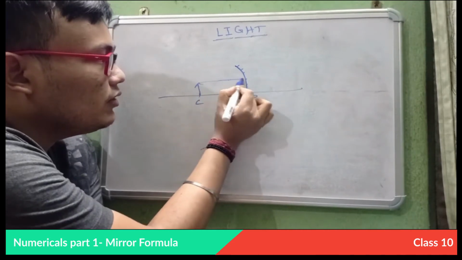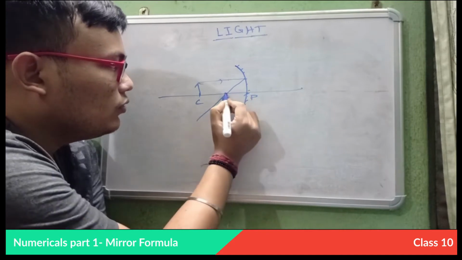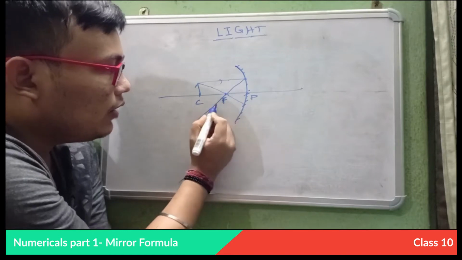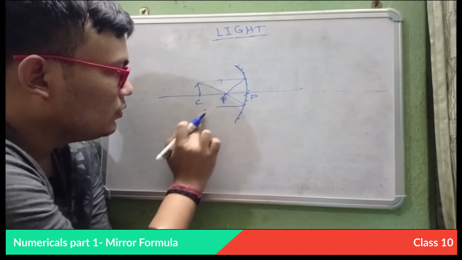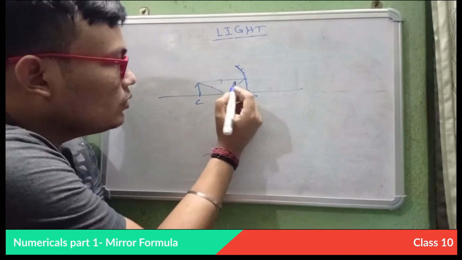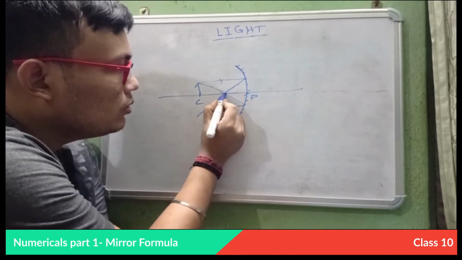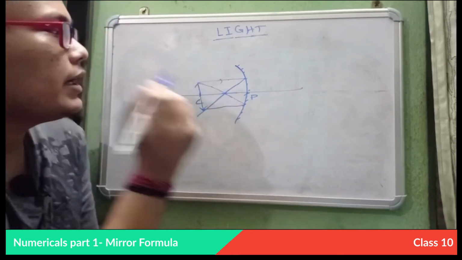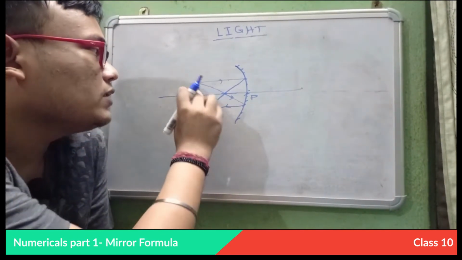The first incident ray will pass parallel to the principal axis, and it will pass through focus, and the second incident ray will pass through focus, and after reflection it will go parallel to the principal axis. This is a rough diagram where the object is kept at center of curvature and the image is also found at the center of curvature.